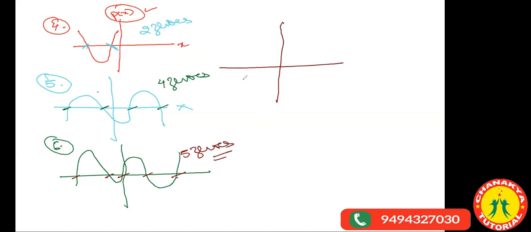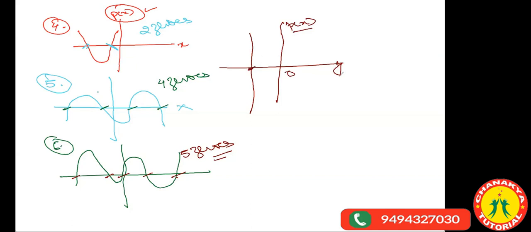Now next is Meher. Unmute yourself. Meher, tell me how many zeros it contains? Meher, today is your first day, beta, so I'm explaining this to you. We have to check your graph.